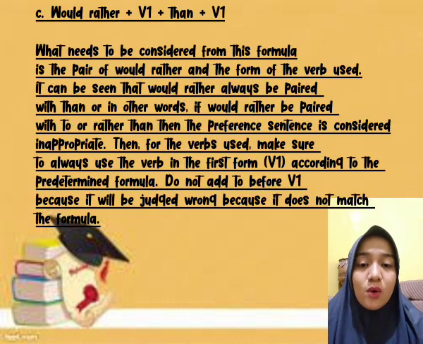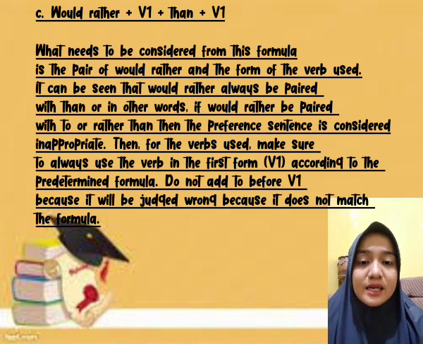Next, C. Would rather plus V1 plus than plus V1. What needs to be considered from this formula is the pair of would rather and the form of the verb used. It can be said that would rather is always paired with than, or in other words, if would rather is paired with to or rather than, then the preference sentence is considered inappropriate.